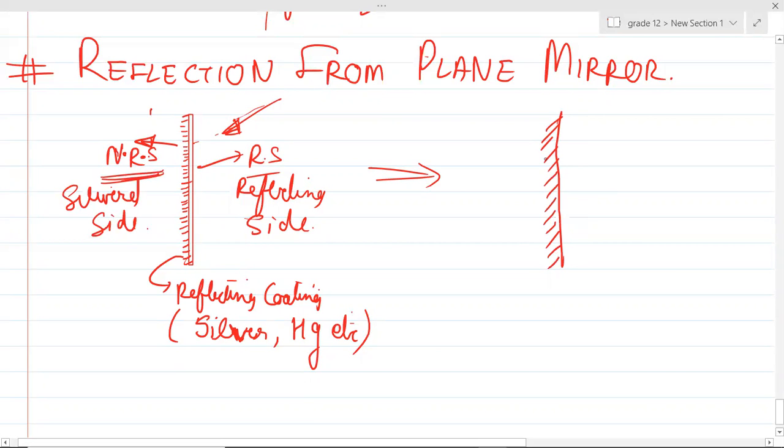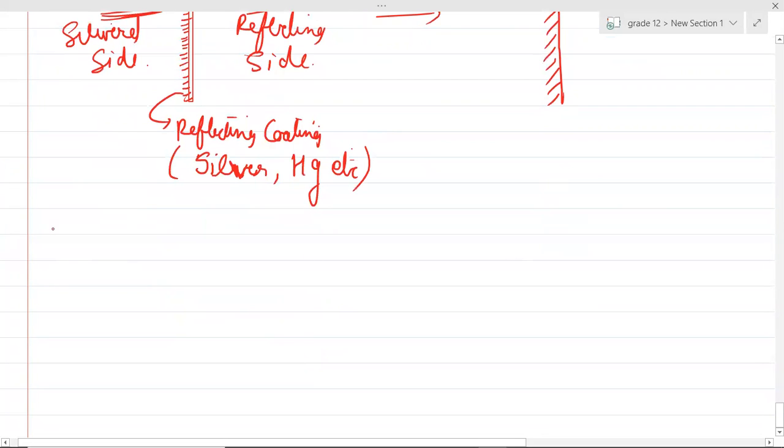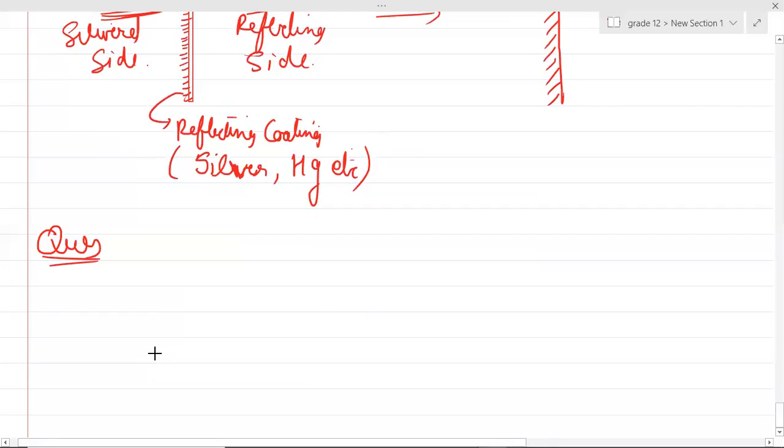Shall I directly go to the question part? Yes, sir. See the questions, and later on we'll learn about the properties of the image formed by a plane mirror. So suppose I have a mirror. Is everyone able to see a mirror?